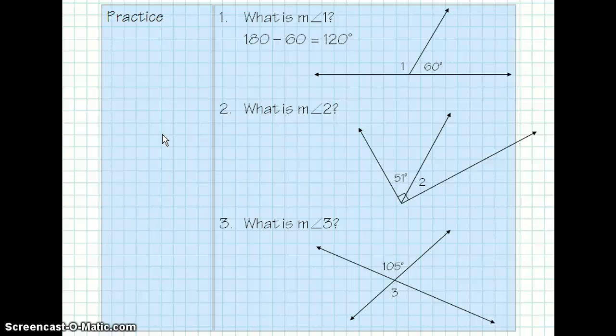So we take 90 minus 51, and we get 39. Okay, and then finally we have vertical angles. Again, you have two lines that intersect each other. They form vertical angles. So 105 and angle 3 are congruent, which means that angle 3 is going to be 105 degrees.